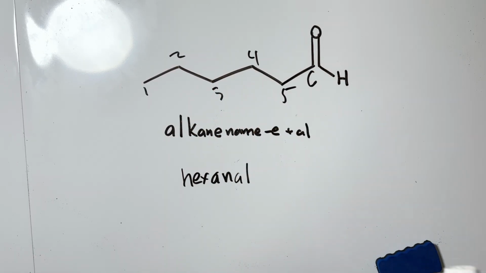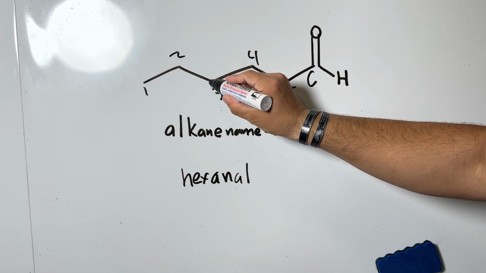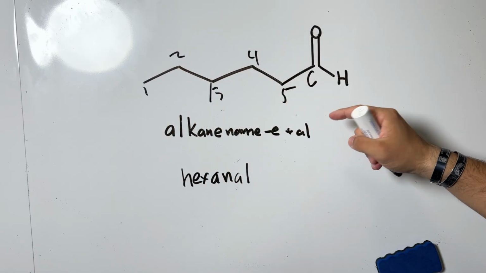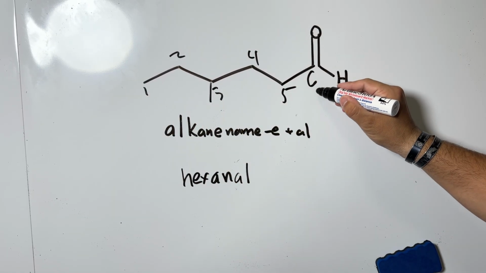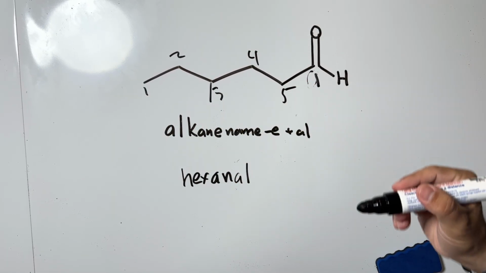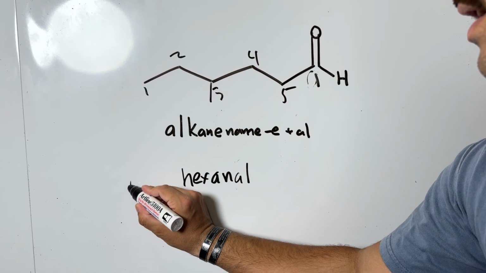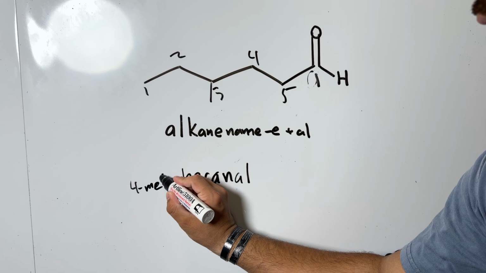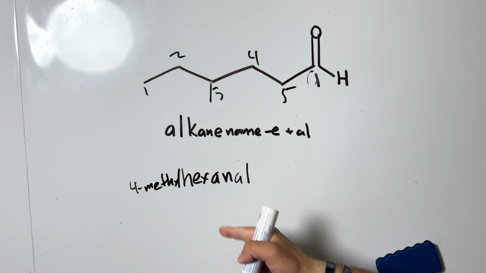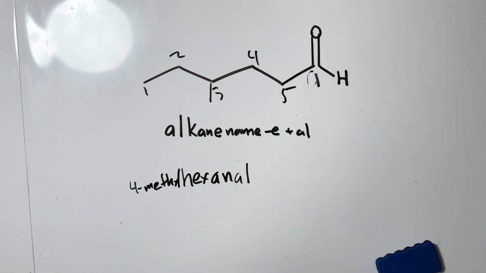So say we had a methyl right here. We wouldn't count this way, we would count this way, with this being the one position. And so it'd be 1, 2, 3, 4. So it would be 4-methylhexanal. That's what that would be.